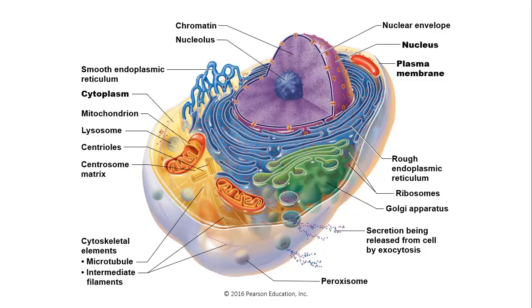If you don't break down those oxygen free radicals, they're going to degrade and destroy the cell. So peroxisomes are able to break down hydrogen peroxide, one of the byproducts of using oxygen, into water and oxygen. Water and oxygen is not going to hurt the cell.